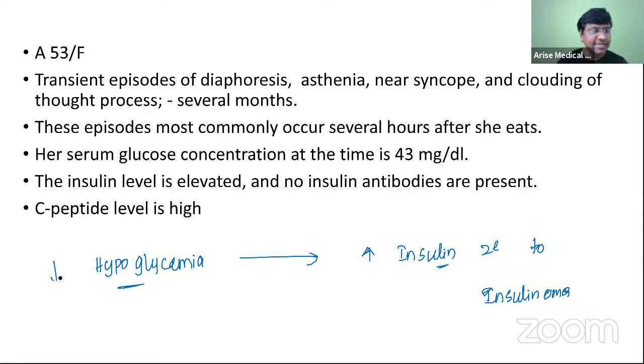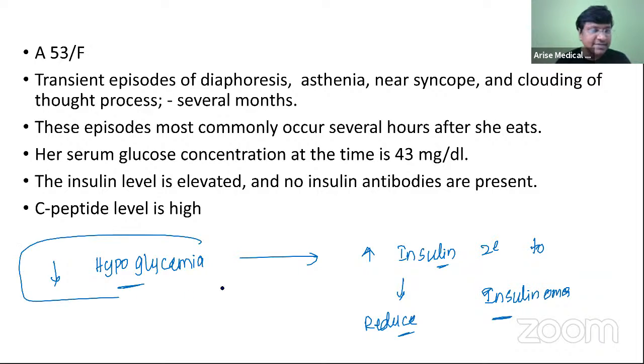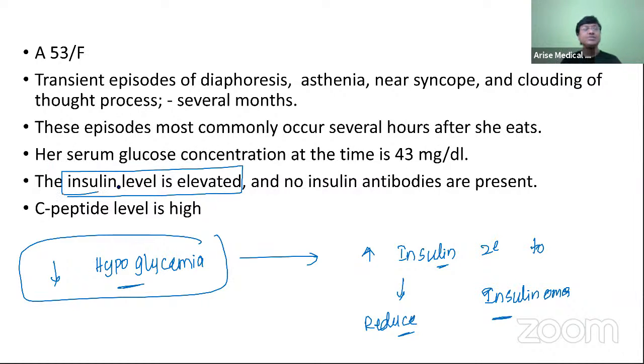Whenever the blood glucose decreases, the normal physiology is that the insulin level should reduce. But in our patient, because there is insulinoma, in spite of the blood glucose levels being reduced, the insulin levels are still elevated.